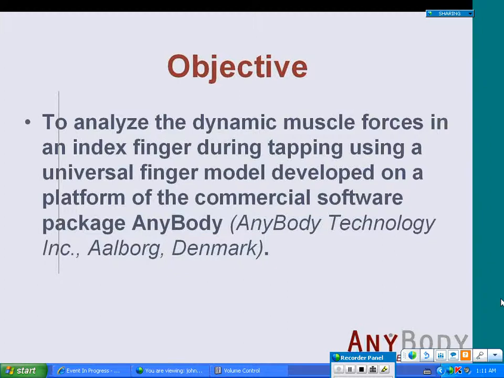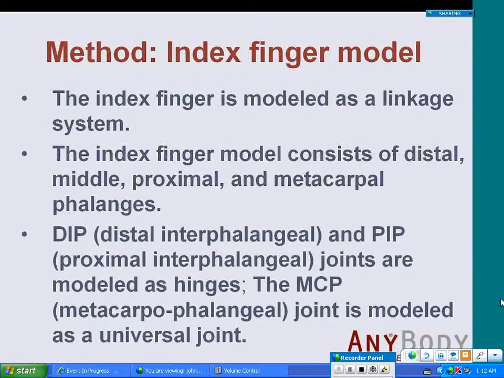The index finger is modeled as a linkage system composed of 4 sections: the distal, middle, proximal, and the metacarpal phalanges. The metacarpal phalanx is fixed.